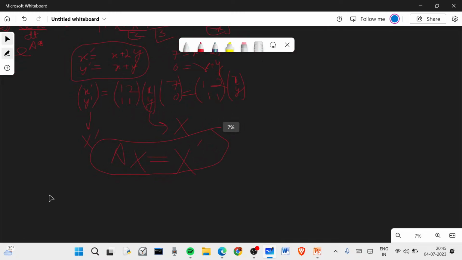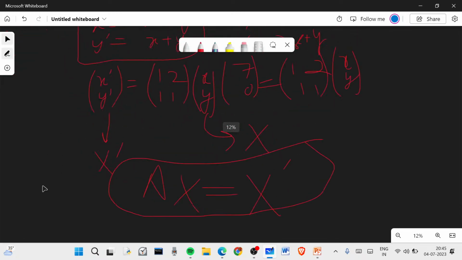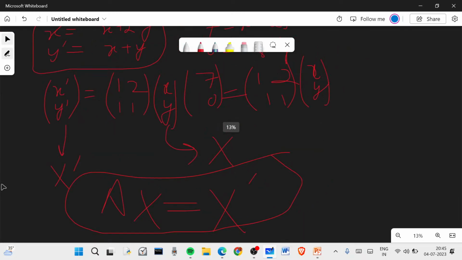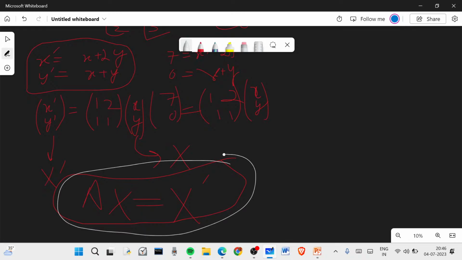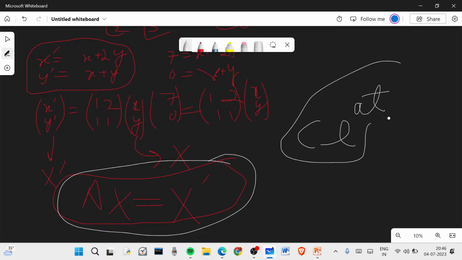Okay, now let's do it. Basically, you see that here x' equals [1 2; 1 1] times (x, y), a derivative kind of thing. You would know that in a linear form, its solution would be something like c e to the power at.